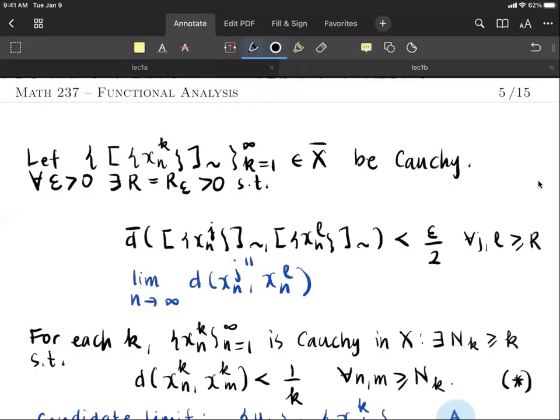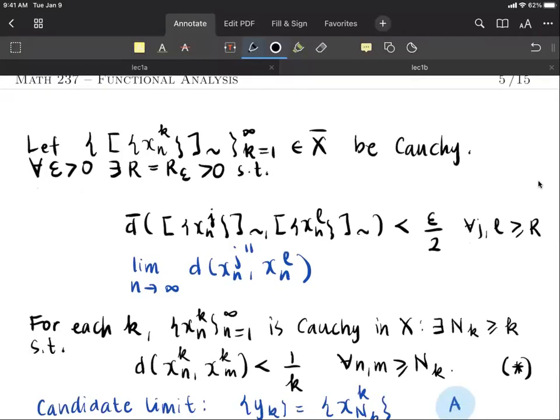Or I should say this one here. Let's call this double star. So take note, as we let n tend to infinity, you would get a limit that is less than epsilon over 2.